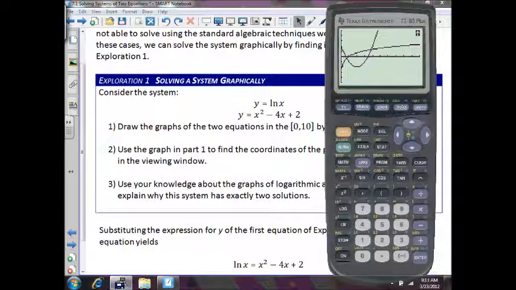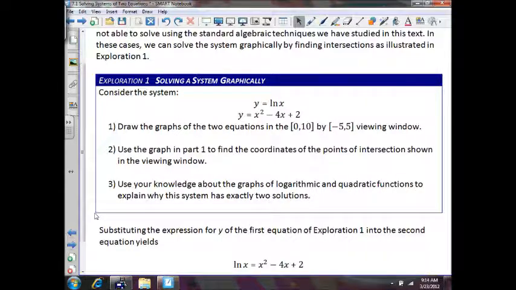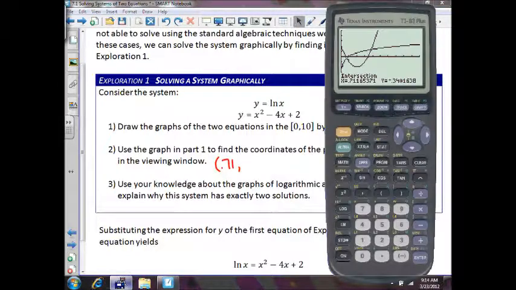Well, you press second trace, go down to intersect. We're going to go left here. So I want to find the intersection closest to the origin first. So our first intersection will be about 0.711 or 0.71, and also negative 0.34.